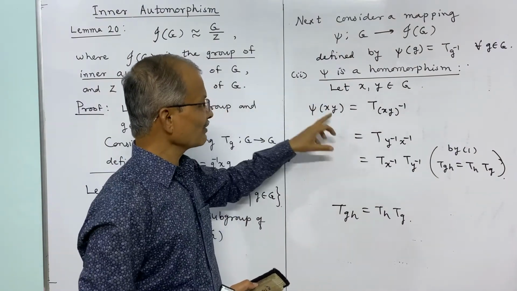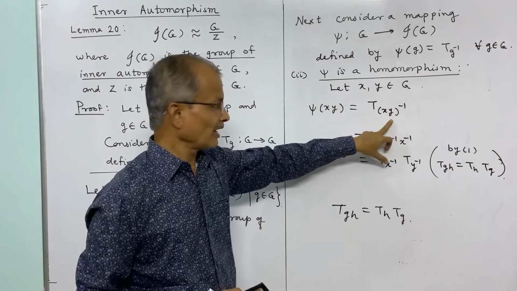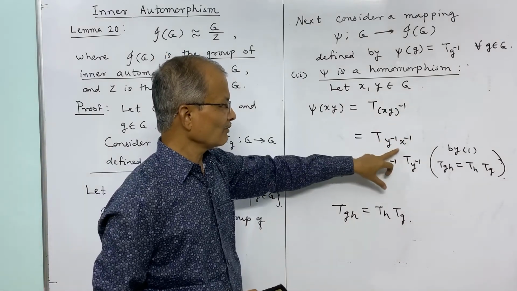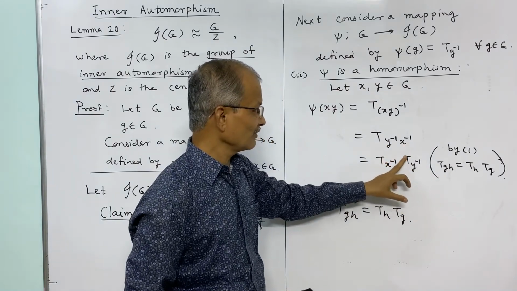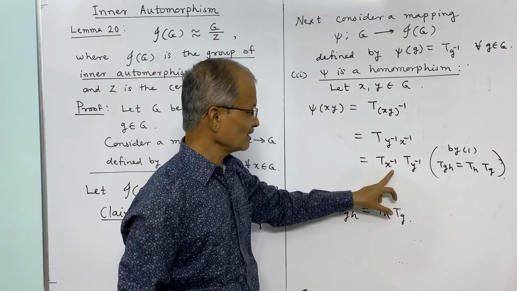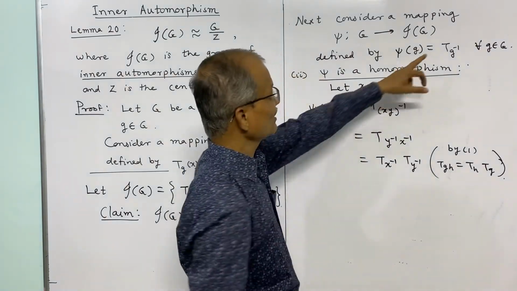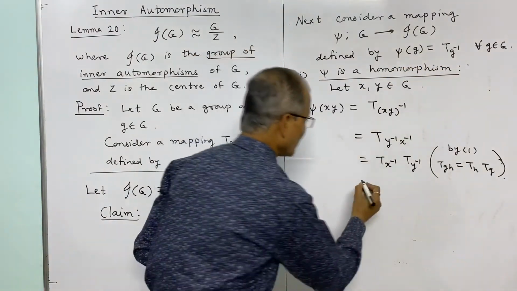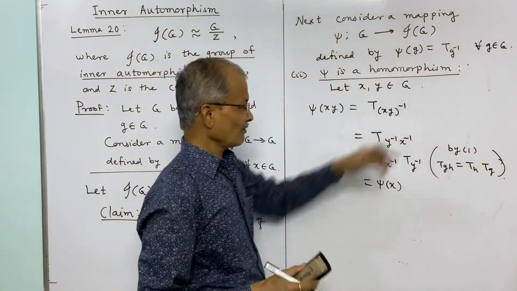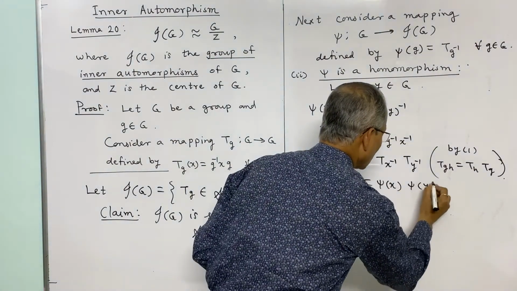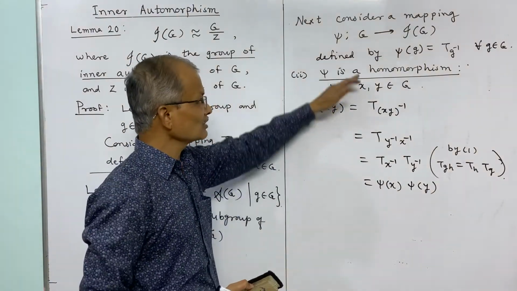So psi of xy is equal to, by definition, T of the inverse of xy, and by reversal law it is y inverse x inverse, and by this equation, with g and h, this will be first T x inverse and then T y inverse. But what is T x inverse? By this definition, it is psi of x. And what is T y inverse? This will be psi of y. And thus we have shown psi of xy is equal to psi of x into psi of y. And this shows psi is a homomorphism.